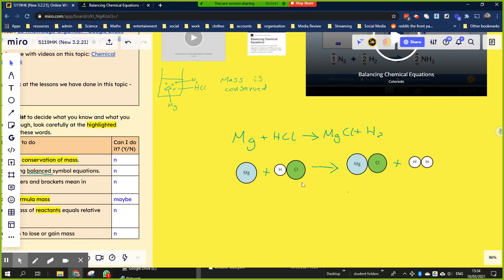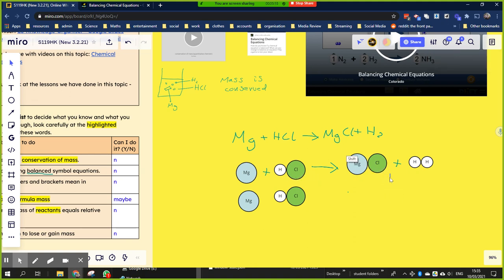But there's not just going to be one magnesium atom and one hydrochloric acid molecule. There's going to be many of them. Let's imagine we have thousands or millions of each one of these. What if I had one magnesium atom reacting with two of these? And then let's say we had two magnesium atoms reacting with two hydrochloric acid molecules.